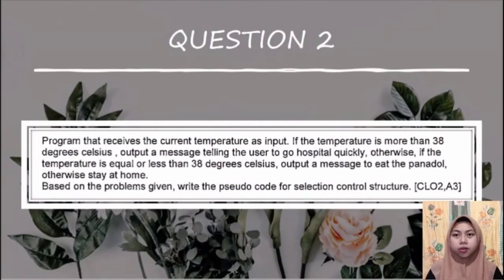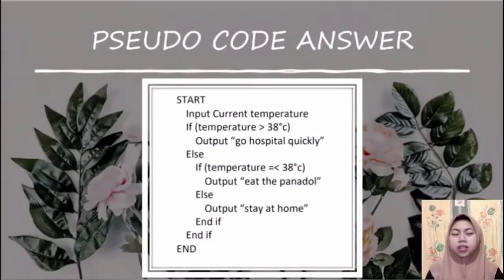For question 2, we write the pseudocode for selection control structure from the problem given. The pseudocode begins with start, then input current temperature. If temperature is more than 38 degrees Celsius, the message tells go hospital quickly.